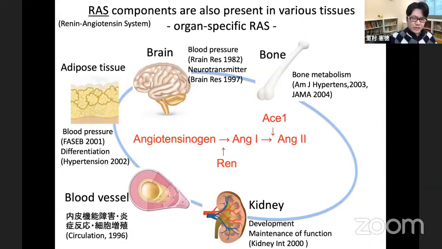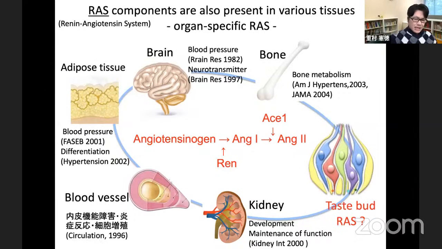And angiotensin 2 is produced within the kidney and has various functions. Similar results were observed in various other organs. These findings raise the possibility that an organ-specific RAS might also exist in taste tissues, and angiotensin 2 might be produced locally here in response to the oral environment.